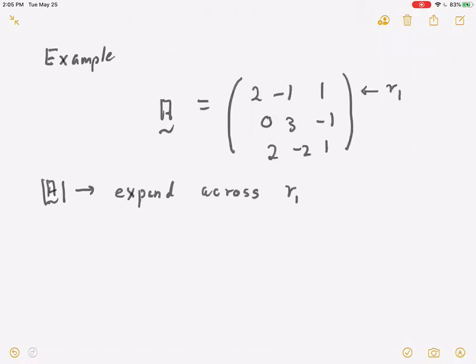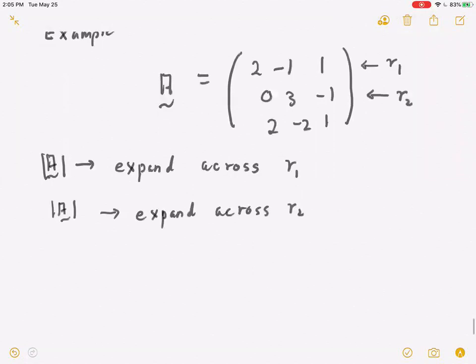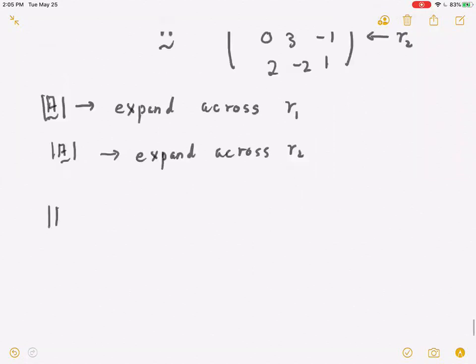Now I want to do the same problem, but I want to use cofactors and minors to expand across not row 1, but row 2 of the coefficient matrix. So how do I do that? Well, the method of cofactors and minors says that if I'm expanding across row 2, I have the matrix elements A sub 2,1, A sub 2,2, and A sub 2,3.